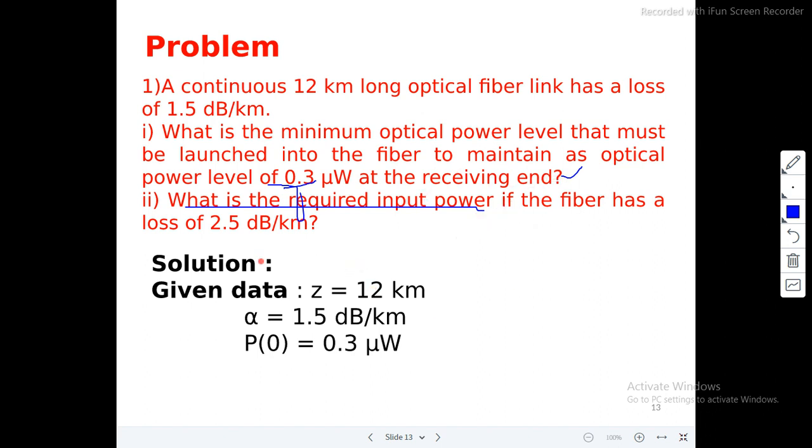So in the first problem you have to calculate the final output power, and in the second problem you also calculate the input power.